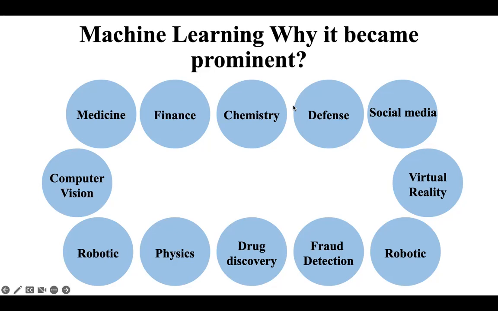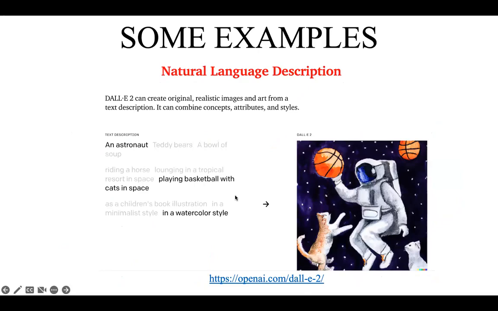And I also provided a really nice example of some recent machine learning development. This field of machine learning is called natural language description. It means that the computer can understand what you are saying.